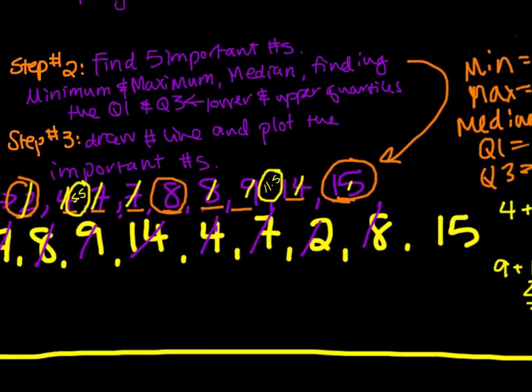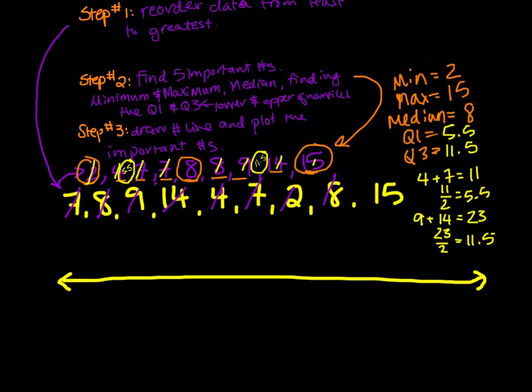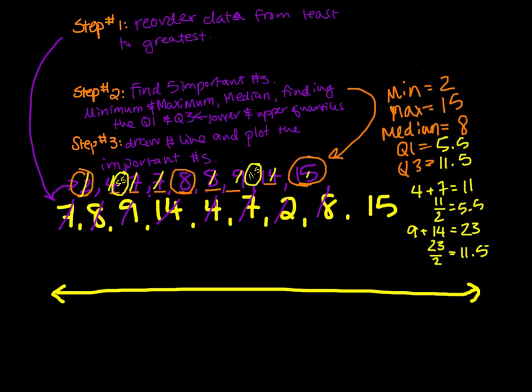Now let's zoom back out so that way we can look at our last and final step, which is to draw our data on a number line. So number lines are most effective when you are being evenly spaced with your numbers, because then we can also see how this data is represented.